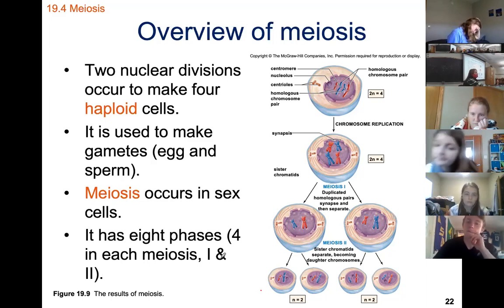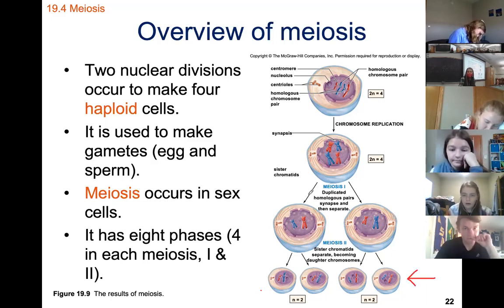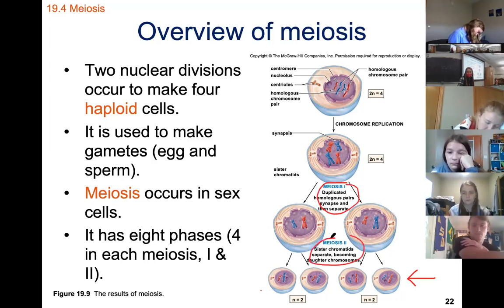So these are your sperm and egg cells at the bottom here. And there are two divisions. Your first division is here, and your second division is here. And I will show that here on Zoom. You have a first division here and a second division here.